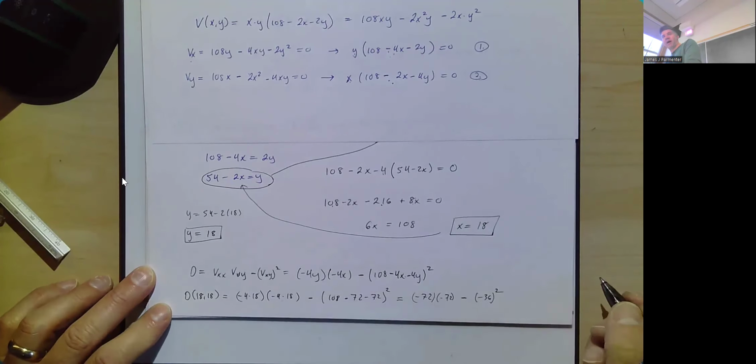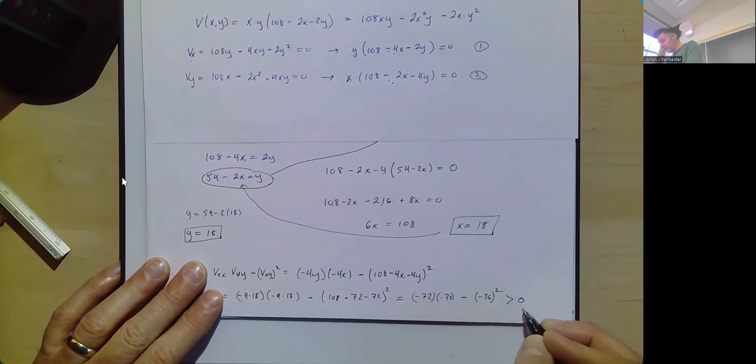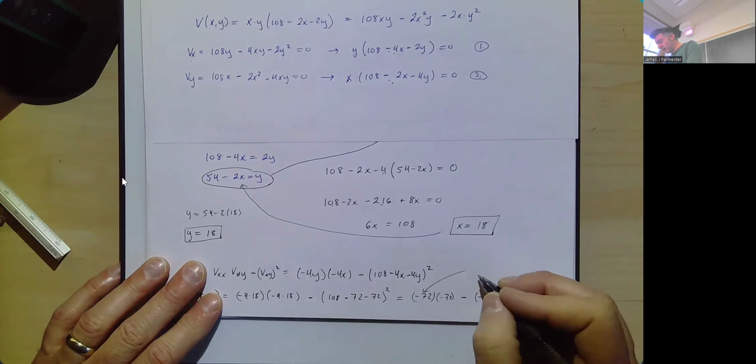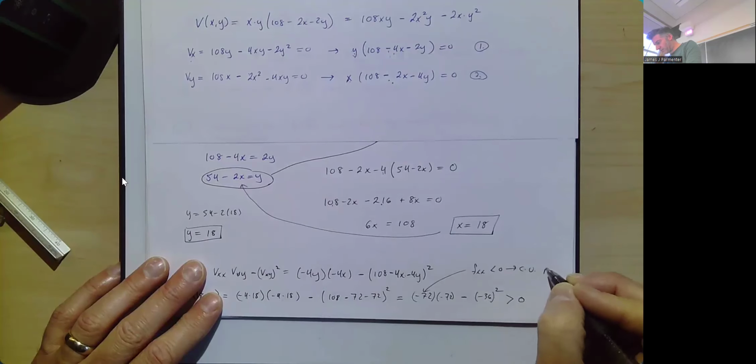I don't want to do any more math here. I've done enough math to see that this is going to be positive. 72 squared is bigger than 36 squared, so 72 squared minus 36 squared is going to be a positive number. And then since my second derivative here is negative, that means it's concave up, which means we have a maximum.